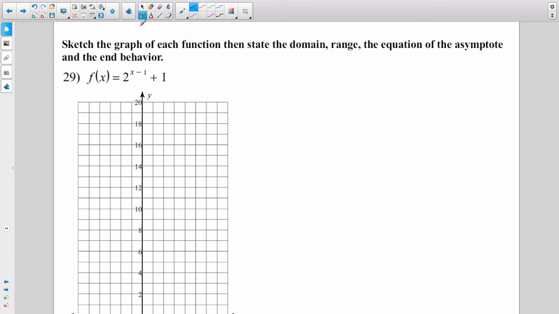We're taking this parent function, which has all the properties that I just described, looking like this. It has a y equals 0 asymptote. It has a y-intercept of (0, 1), all that stuff. But it's shifting it to the left 1 unit and shifting it up 1 unit.